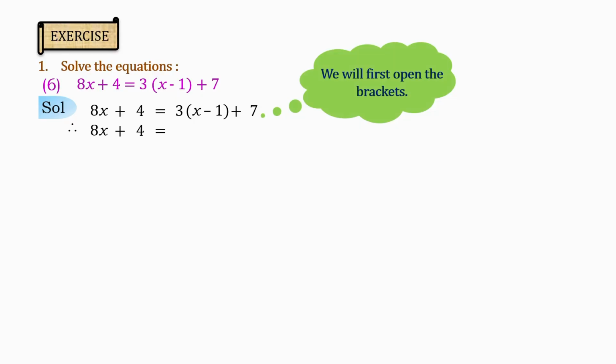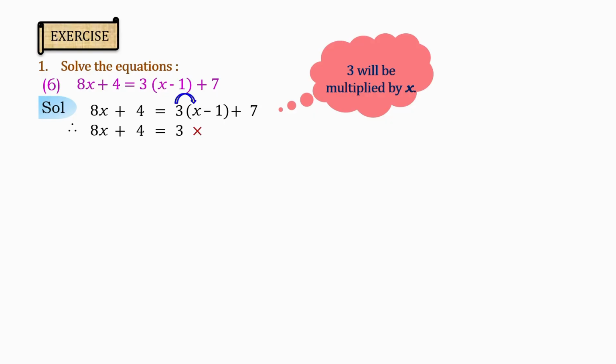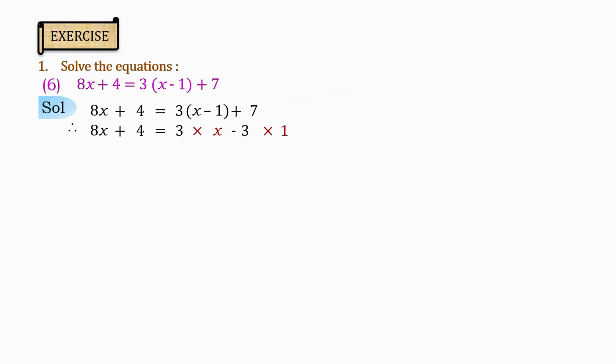In this case, first we are going to open the brackets. So 3 will be multiplied with x and then 3 will be multiplied with 1. So which comes 3x minus 3 plus 7.